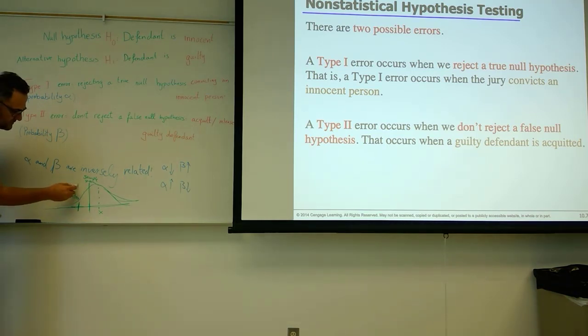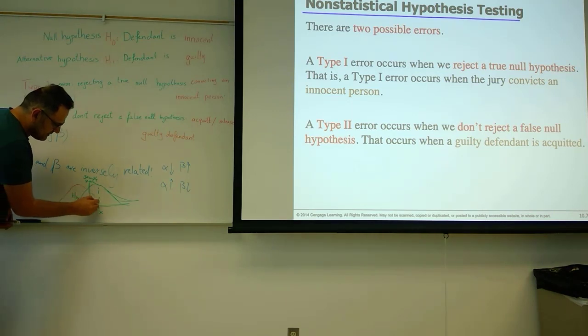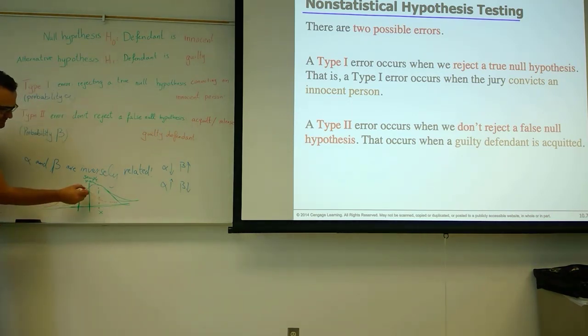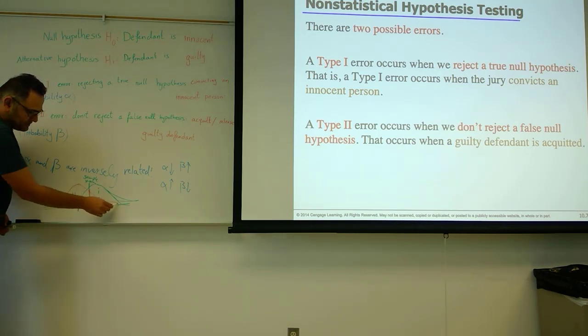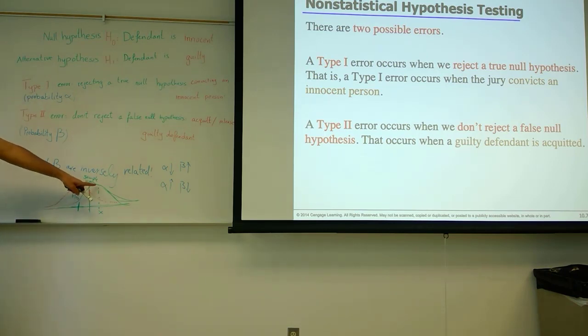So what we are wrongly believing is that this is our sampling distribution, and we took a sample that is here, which is not that unlikely. Right? If the population mean is here, a sample giving this value is not that unlikely. So we wrongly believe that this is the mean of our population, that our sampling distribution looks like that. While in reality, this is the mean of our population and our sampling distribution looks like that.